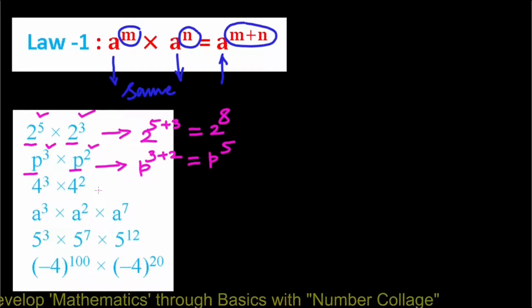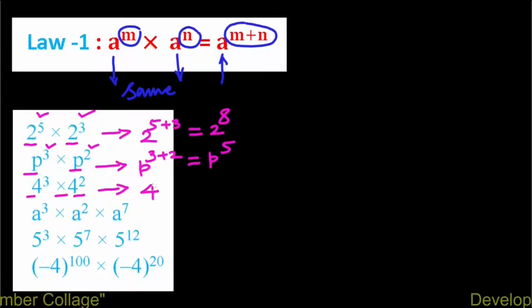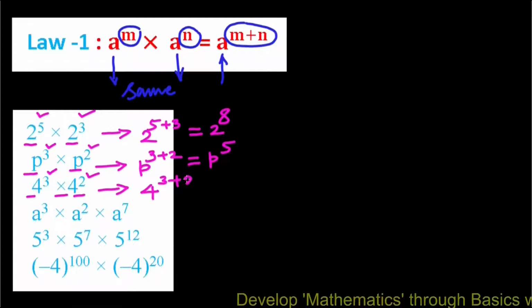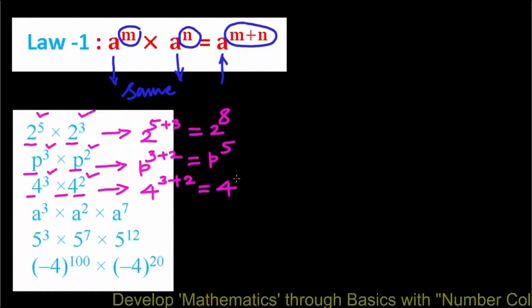In the third example, there is multiplication and the base of the two numbers is the same. So we first write the base, then raise this base to the sum of powers of the individual numbers. So that will be 4 raised to 5.